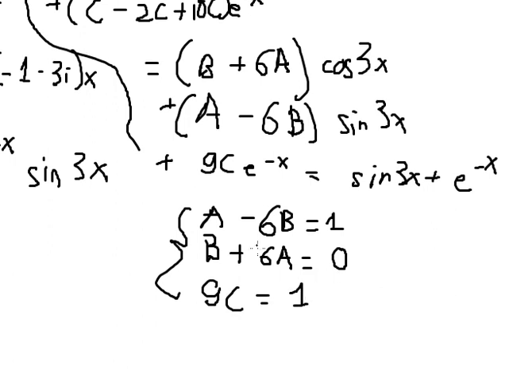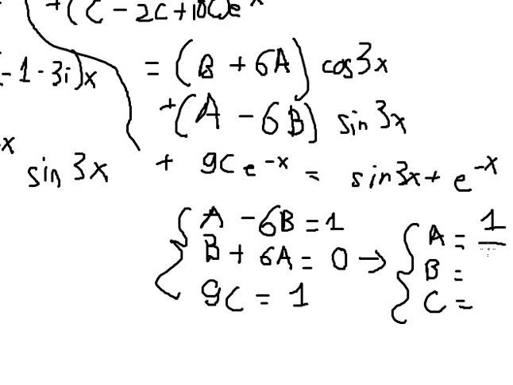So we need to find the values of a, b, c. So a equals 1 over 37, b equals negative 6 over 37, and c is 1 over 9.